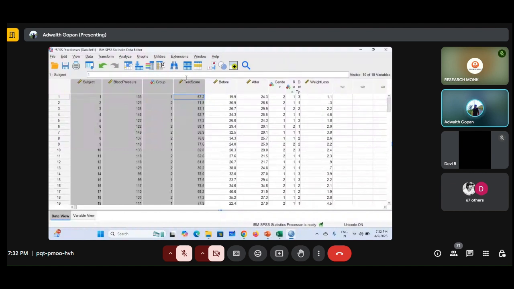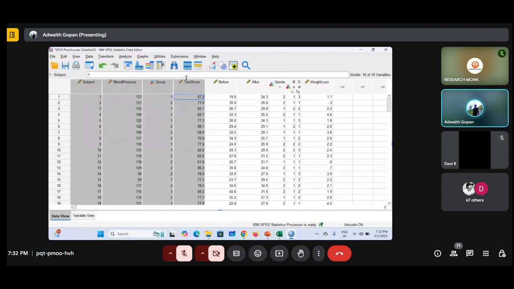One thing you have to understand is that most of the operations are done in the variable view, and the data view is just for visualization, to understand how our data looks. Most of our editing and data processing happens in the variable view.